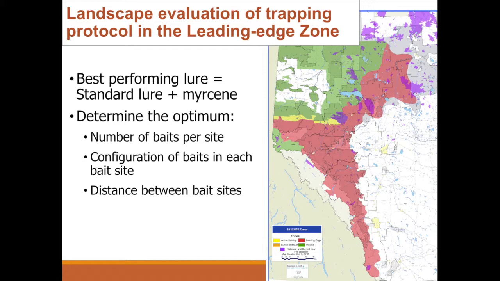And here we are looking at varying the number of baits per site, the configuration of the baits, like how to put them in a grid, and also the distance between bait sites. Or I guess this is number of baited trees per site, actually.